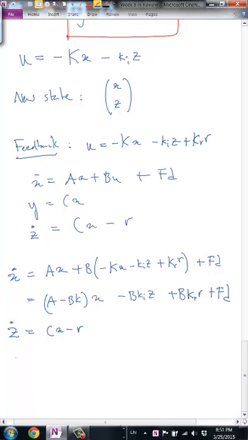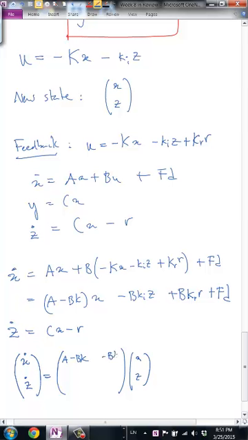So we can write out the dynamics together in matrix form. X dot, z dot is equal to (A minus BK) times x, minus BKI times z.